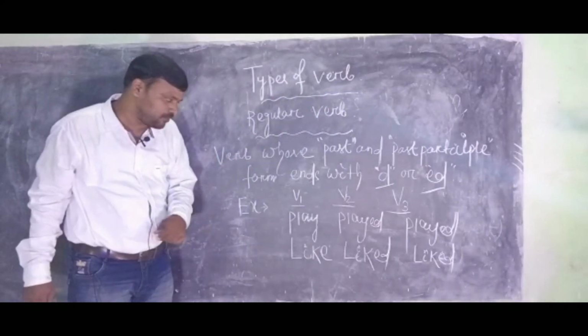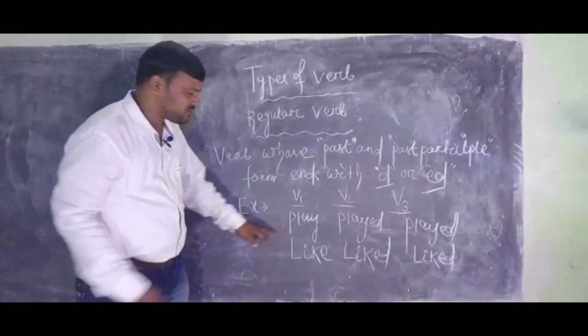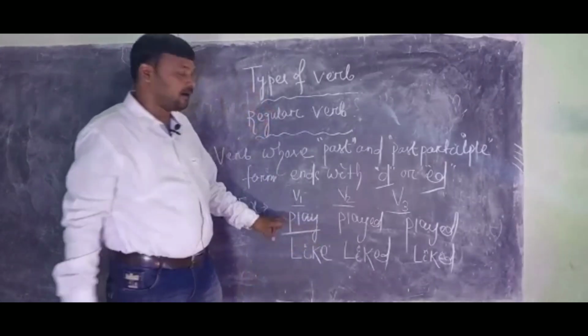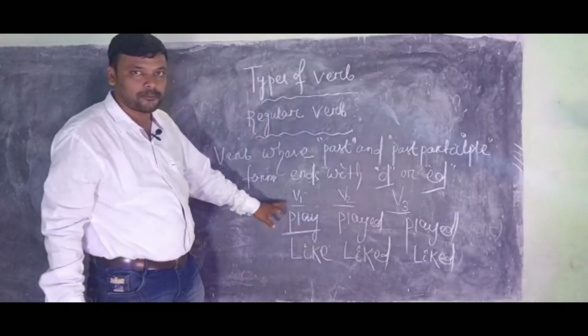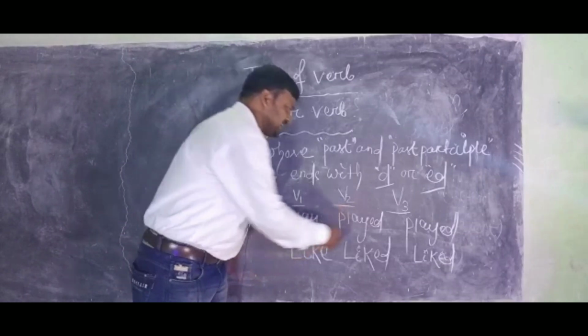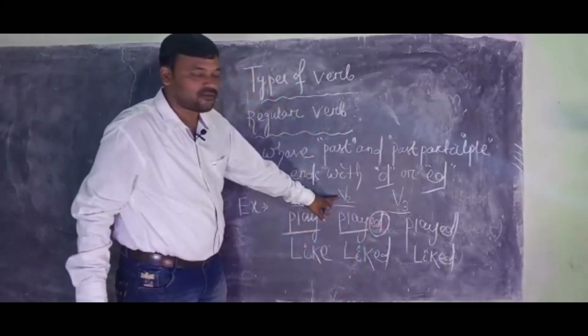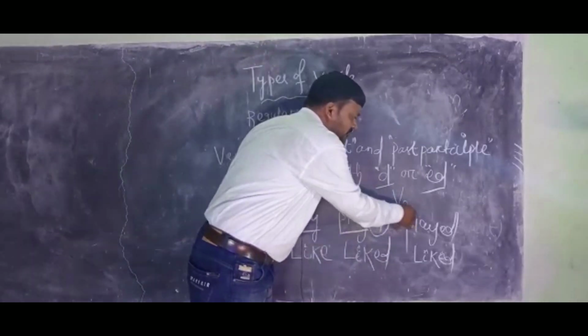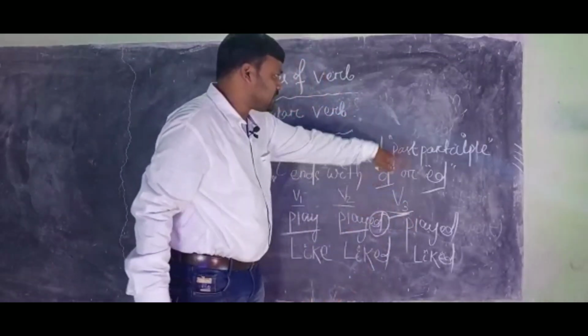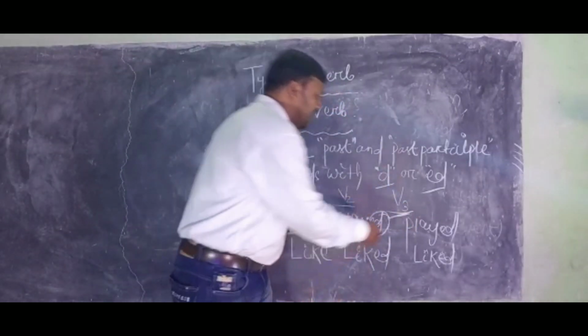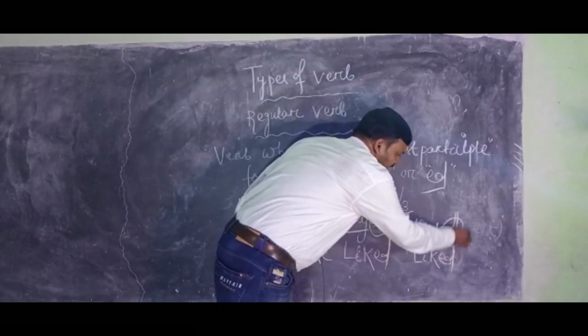So let's have an example. Play is a verb, and now the play is in V1 form, present form, and played ends with ed, and this one is a past form, and also V3 form, that is your past participle form of the verb, and this also ends with ed.